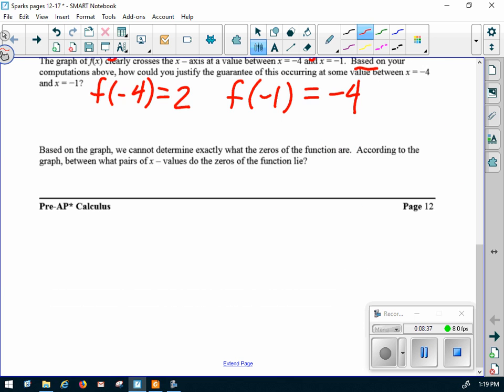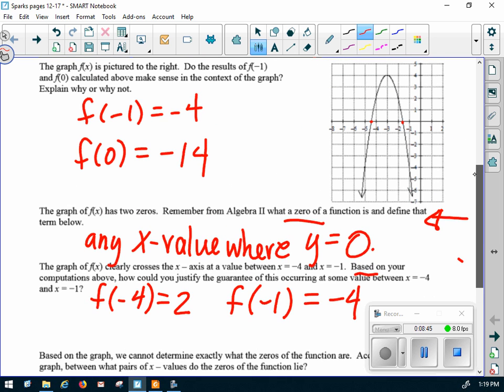Now let's look at the last question here. Based on the graph, we cannot determine exactly where those zeros are. Why not? Yeah, they're in between 2 integers, aren't they?